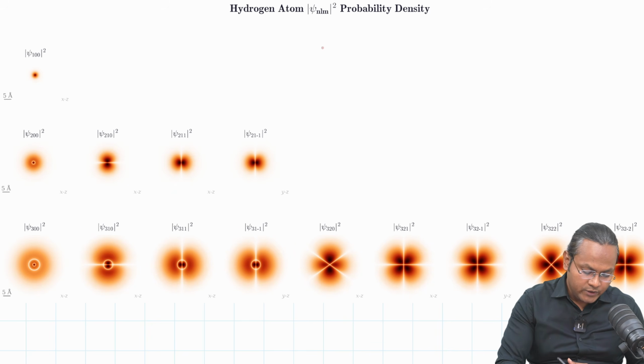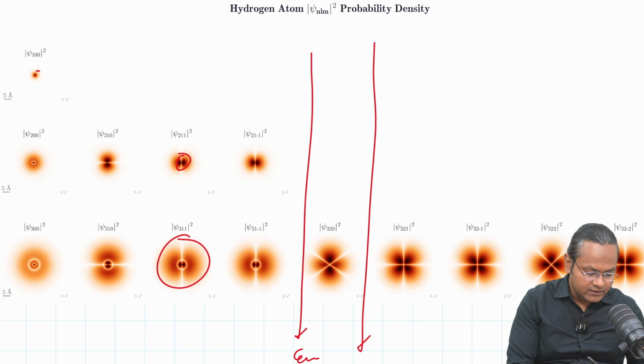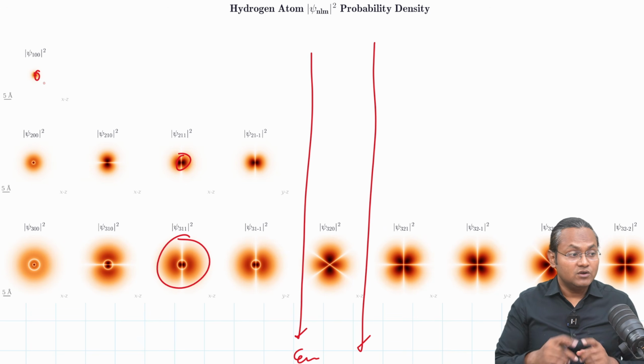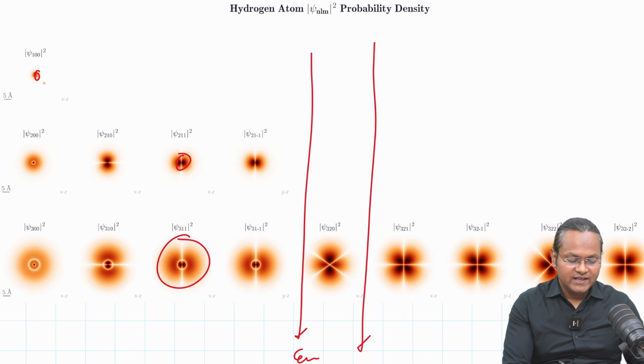So basically, we are going higher up in energy. And as we go higher up in energy, even the sizes of the orbital shapes are increasing, because the expectation value of the radius is increasing with n square.